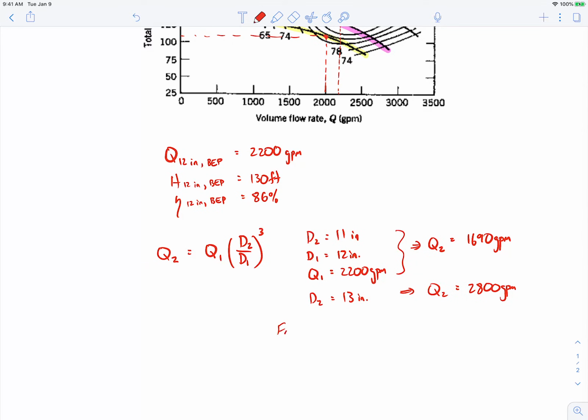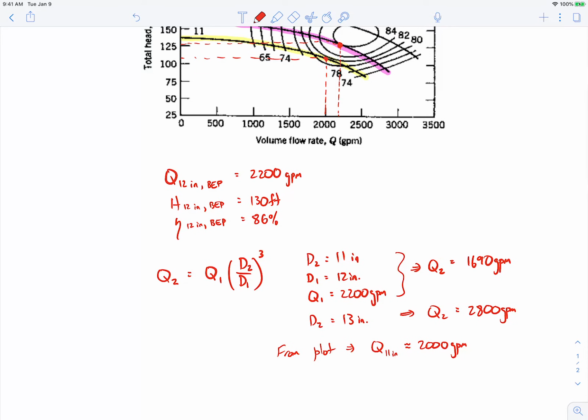So from the plot, I see that the volumetric flow rate for the 11-inch impeller appears to be more like 2,000 gallons per minute from my plot. And then the head rise appears to be closer to 110 feet. That's this point right over here.